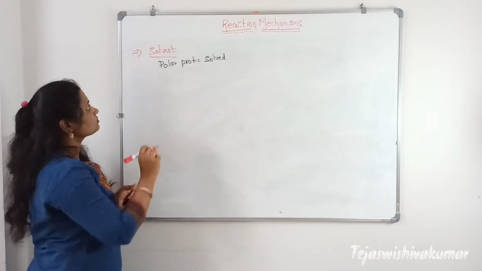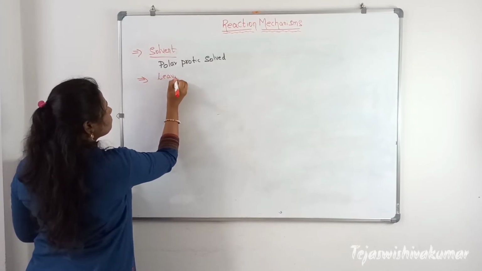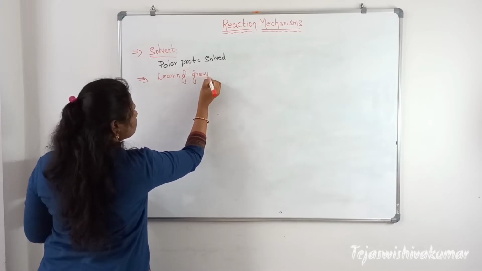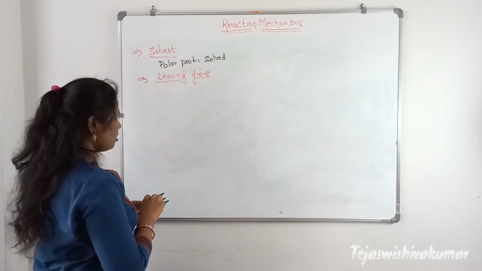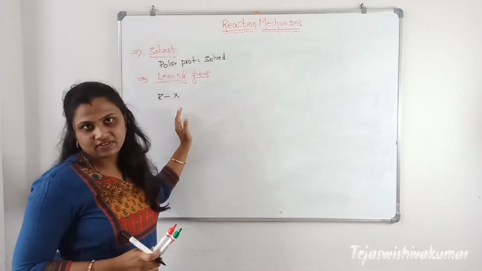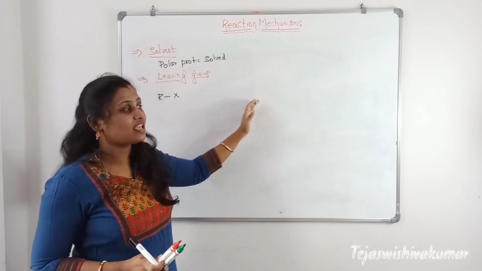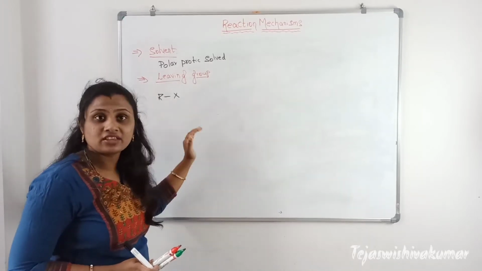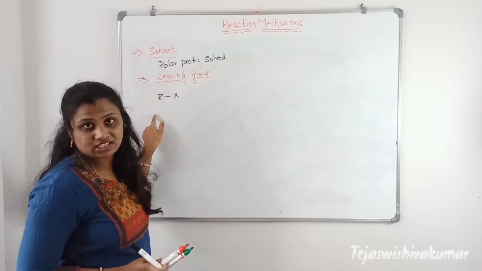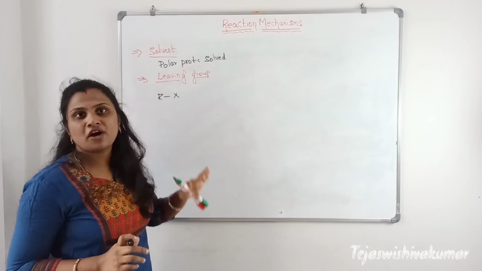Now next is the leaving group. See here, this is our substrate, and X is our leaving group. The faster this X leaves, the better the reaction goes, or otherwise the reaction is determined based on the stability of X minus. So the better the leaving group, the better or faster the reaction.